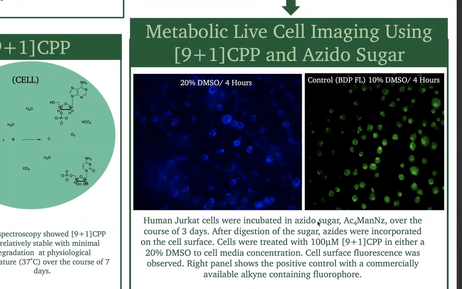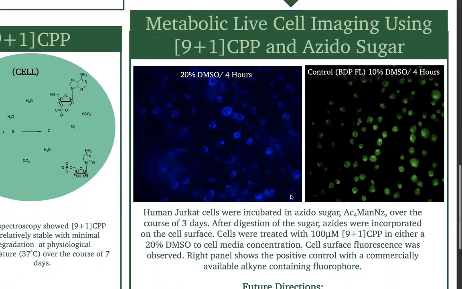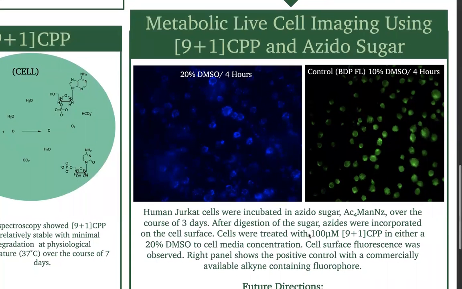What happens is, you can treat cells with this certain azido sugar, and when they digest it, they install azides onto their cell surface. So if you can imagine a cell with azides on its cell surface, you can treat it with a cycloparaphenylene, and ideally it would click the azide to the CPP just on the cell surface and fluoresce the cell surface. And so that's what we set out to do with our collaborators at OHSU.